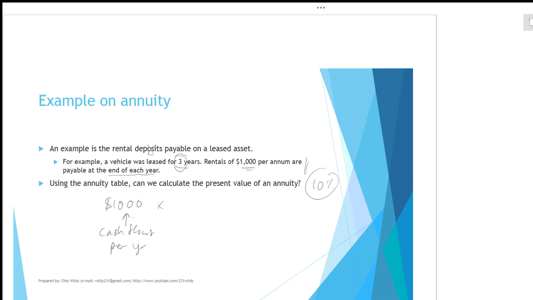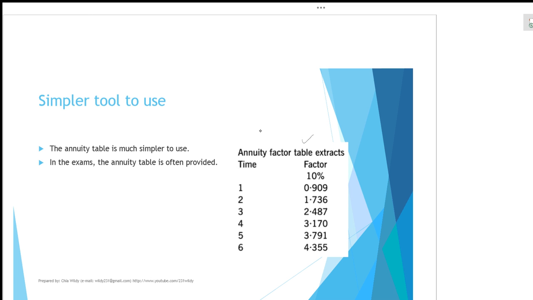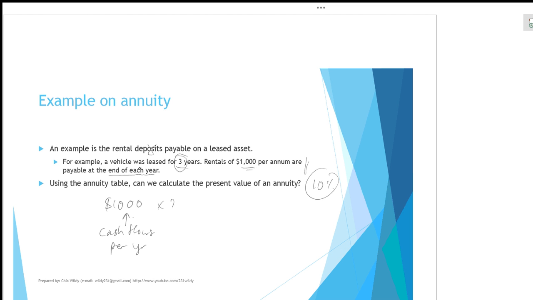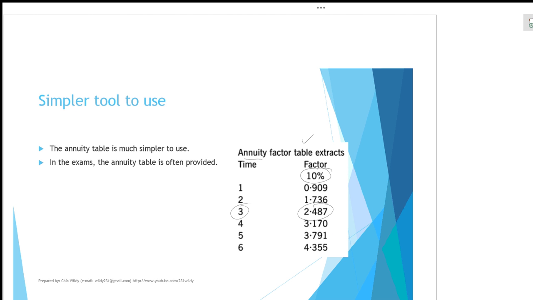And what we do is refer to the discount table or the annuity table. Rate is 10%, 3 years, 2.487. Very simple. Times 2.487. This gives you $2,487.